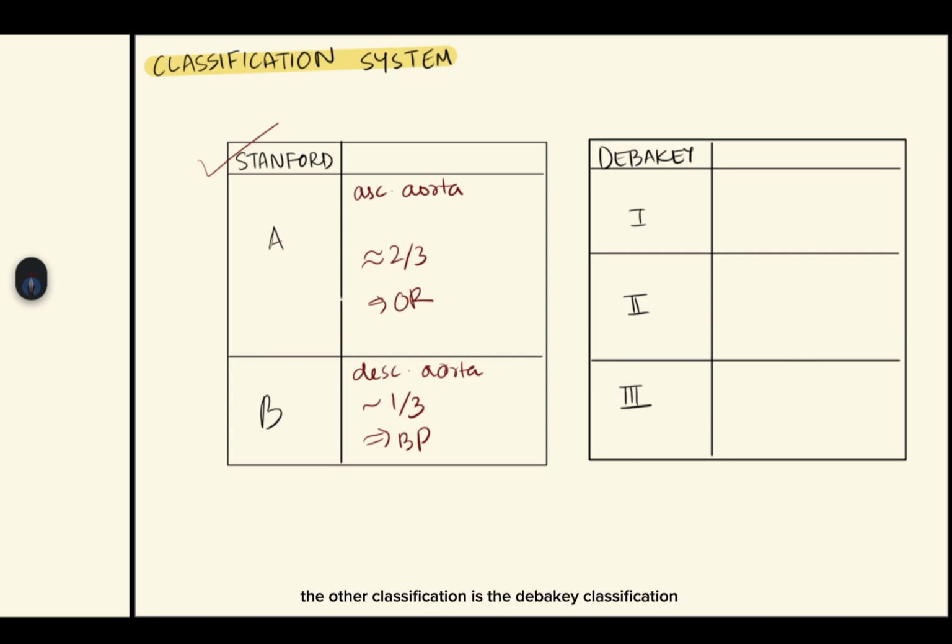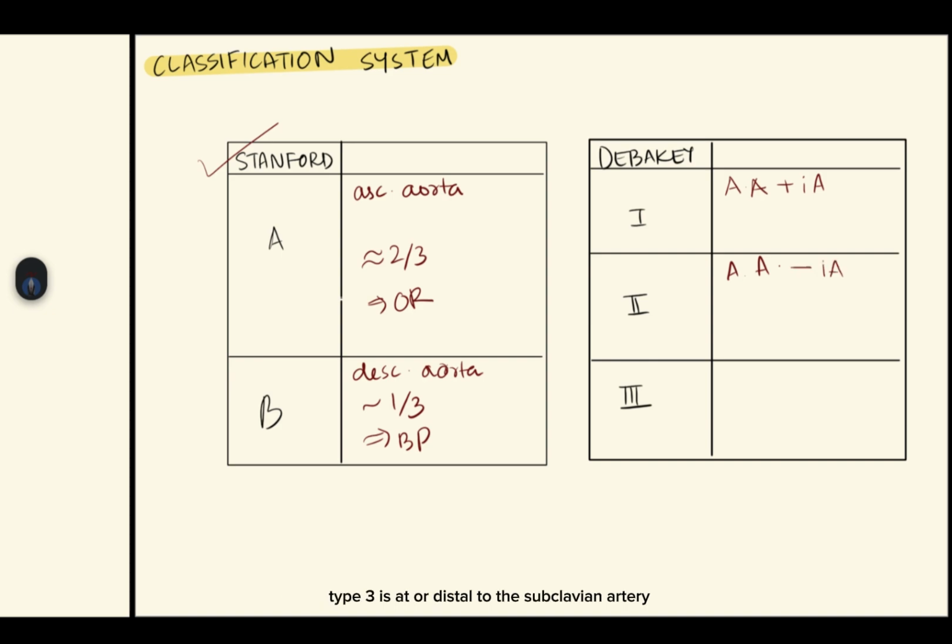The other classification is the DeBakey classification, which is in 3 groups. So type 1 DeBakey is basically ascending aorta and it extends beyond the innominate artery distally. Type 2 is ascending aorta only and extension is limited to the level of innominate artery.